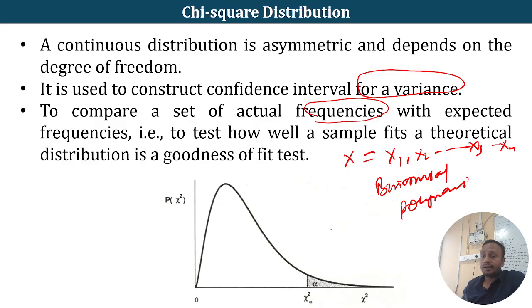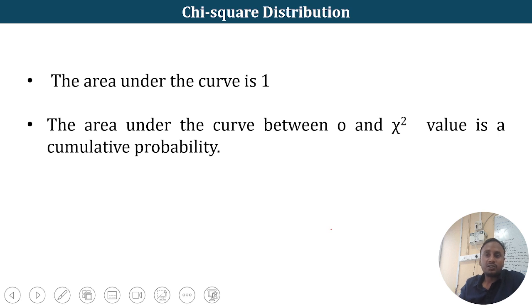So the chi-square test is used for homogeneity, the independence test, or the fitness test. And lastly we check with a single variance, how it varies.